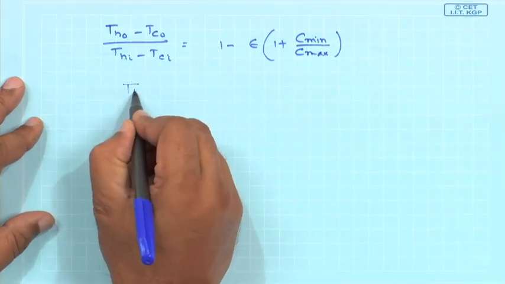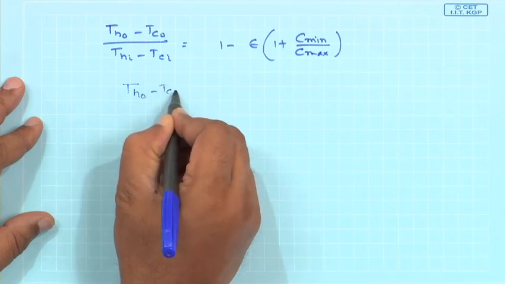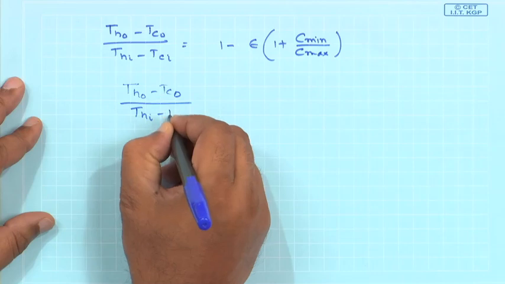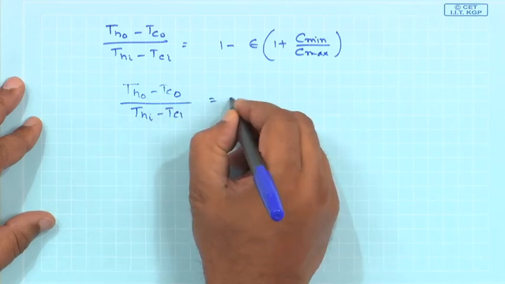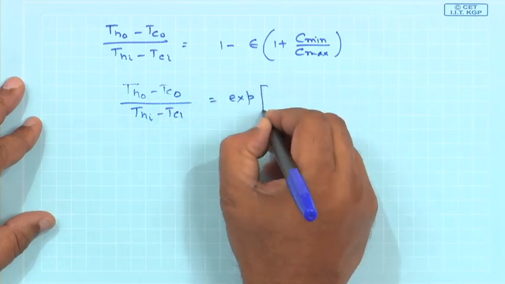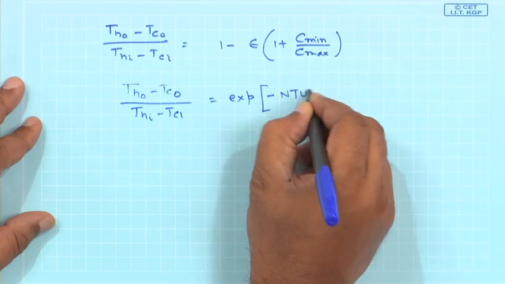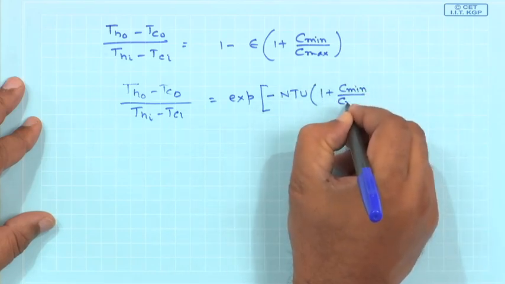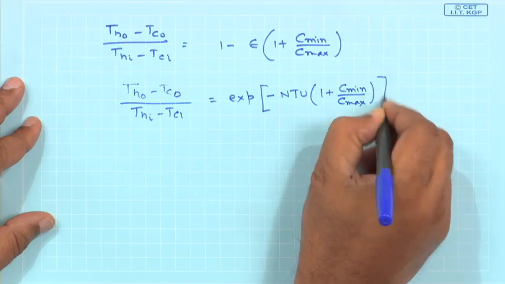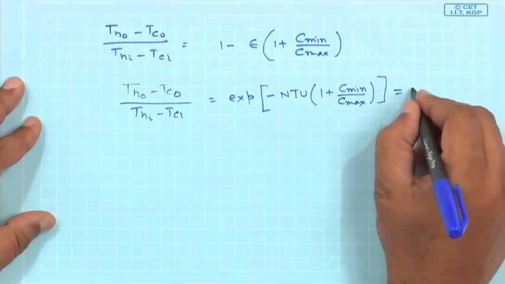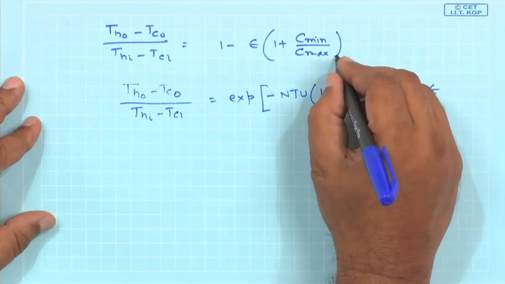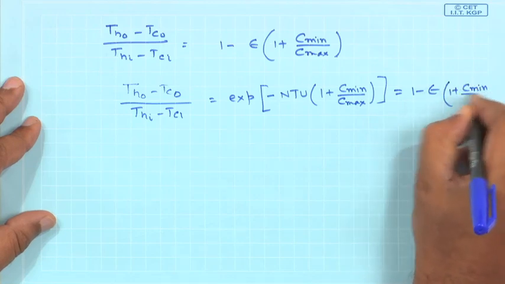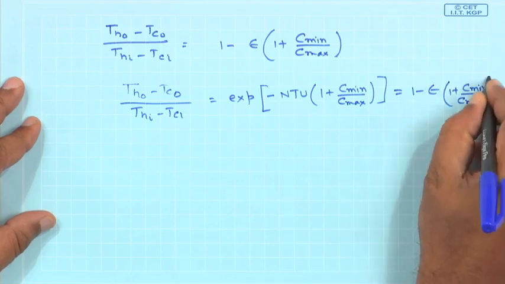Also we know that THO minus TCO divided by THI minus TCI is exponential minus NTU 1 plus C minimum by C maximum. This we have derived before. So this obviously would be equal to 1 minus epsilon 1 plus C minimum by C maximum from the previous one.